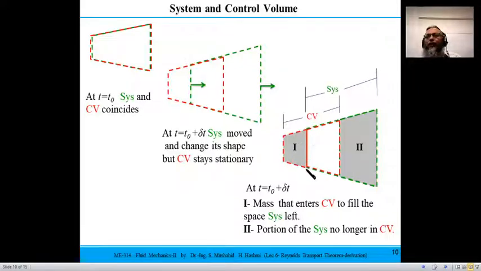The new mass that has come in we represent by Roman letter 1, and Roman letter 2 is that part of the system that is no more a part of the control volume because it has left. In the next slide we will represent this figure in mathematical form, and if you understand this figure, then the derivation of the Reynolds transport theorem would be very easy.